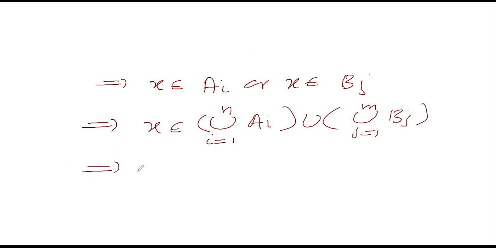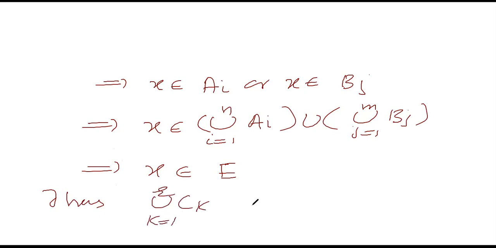That means x belongs to E, because this double union is equal to E. Thus the union over k from 1 to r of Ck is a subset of E. This is a very important relation. We will use this relation.